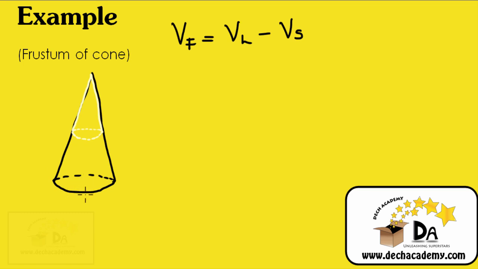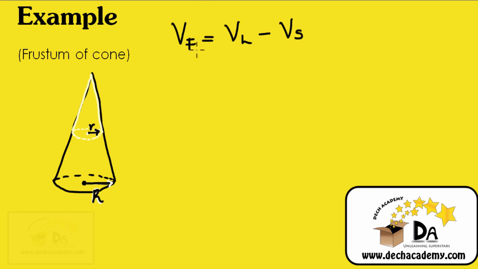If you're given that the radius of the circular base of the larger cone is 21 centimeters, I'll just call this big R, and this radius is small r. Small r, radius of this smaller cone, and big R, the radius of the larger cone.